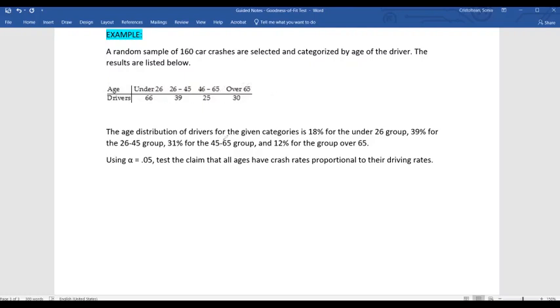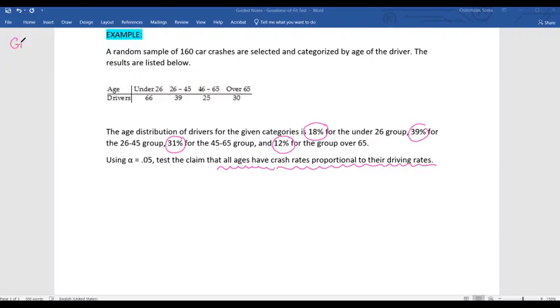The age distribution of drivers for the given categories is 18% for the under 26 group, 39% for the 26 to 45 group, 31% for the 46 to 65 group, and 12% for the over 65. Using alpha 0.05, test the claim that all ages have crash rates proportional to their driving rates.